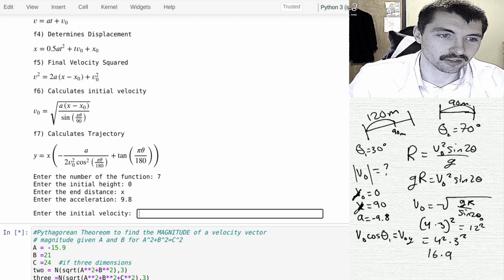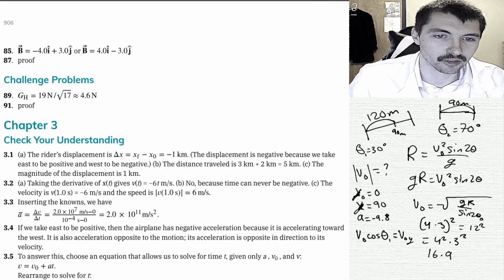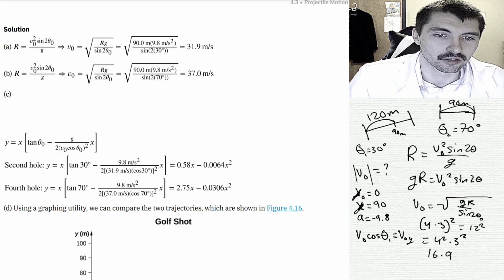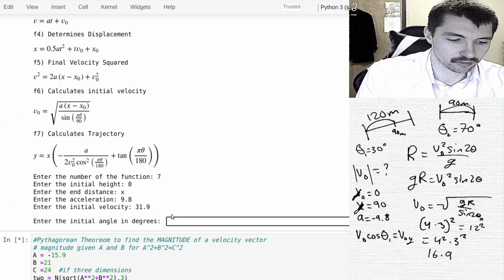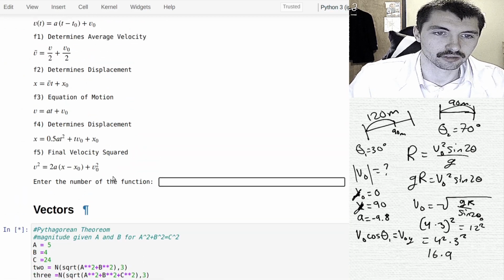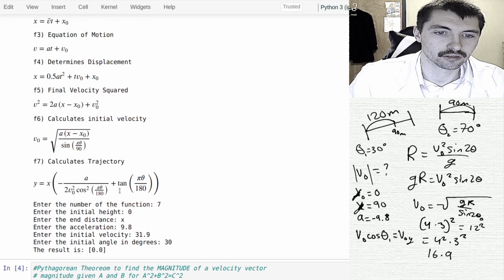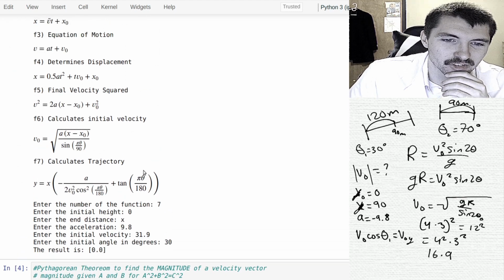Initial velocity. It's 31.9. 30 degrees. Getting 0.